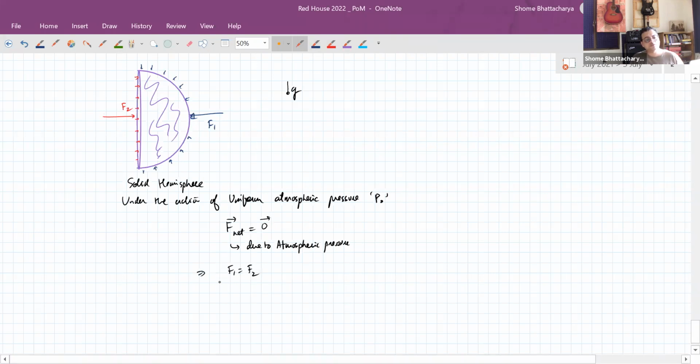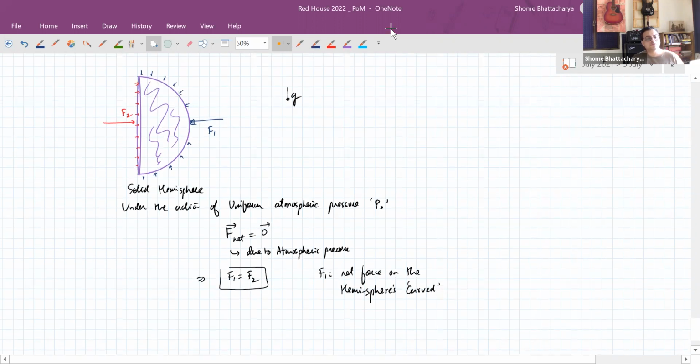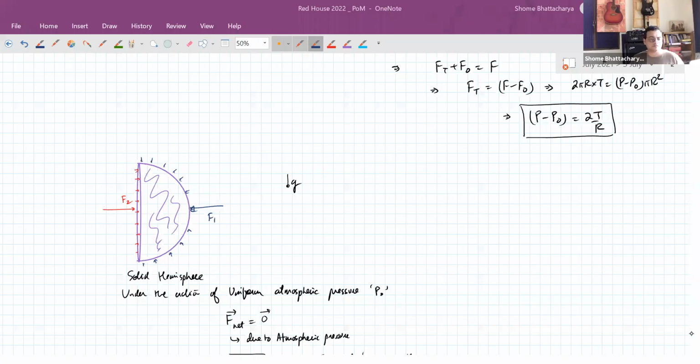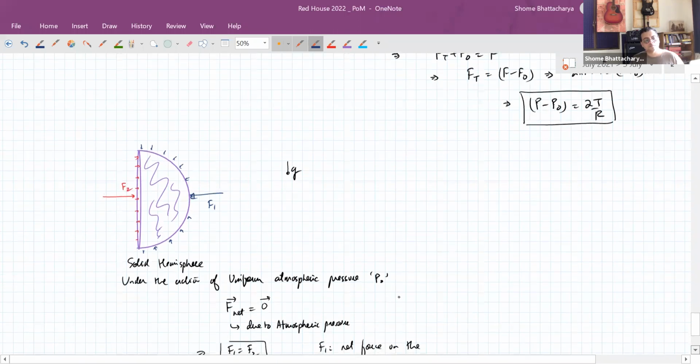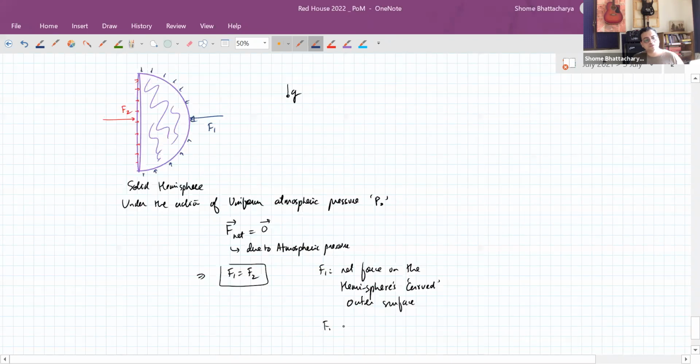F1 should be equal to F2, where F1 is the net force on the hemisphere's curved outer surface, and F2 is the net force on the flat surface on this side.